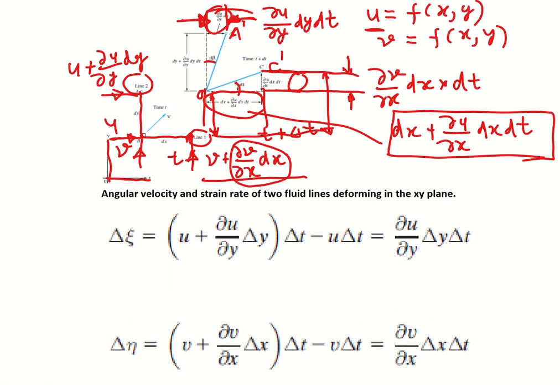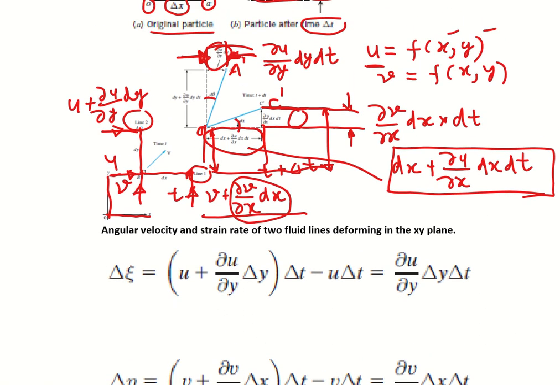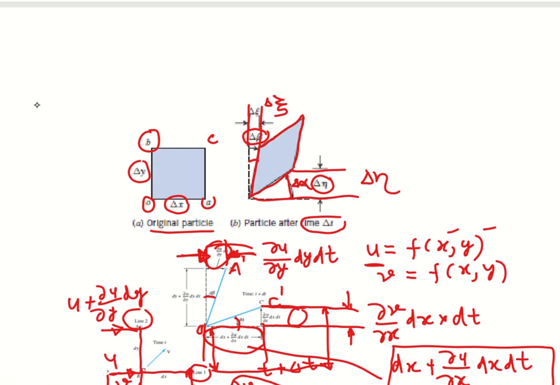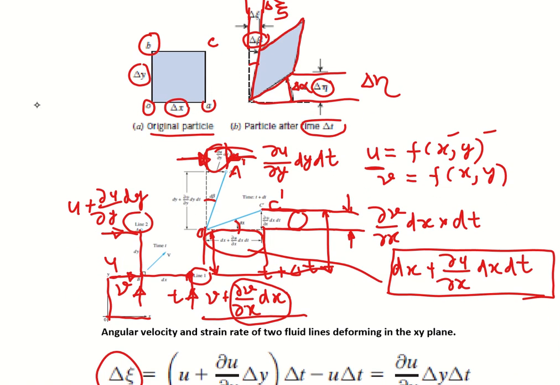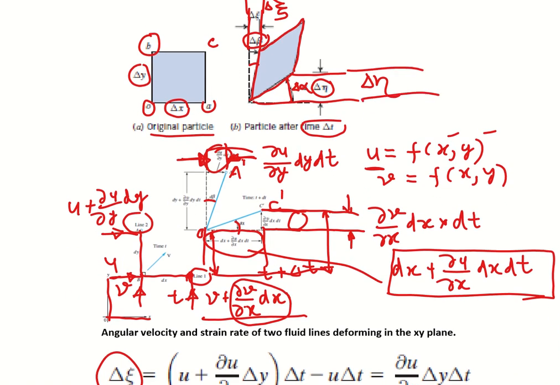Right. So with the help of this figure, we can find out delta xi. This distance is delta xi, and this distance is delta eta.